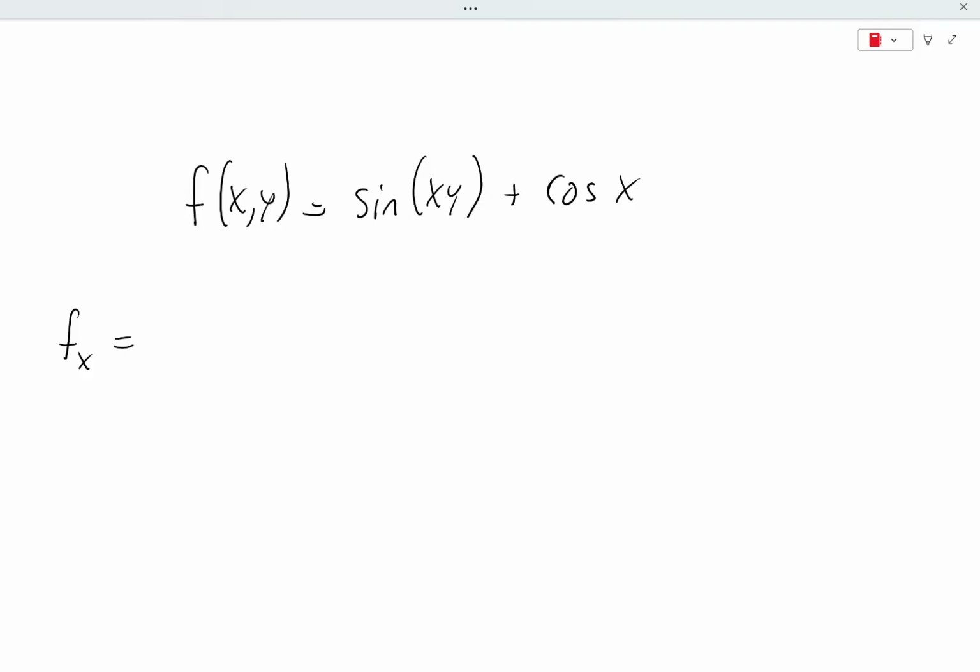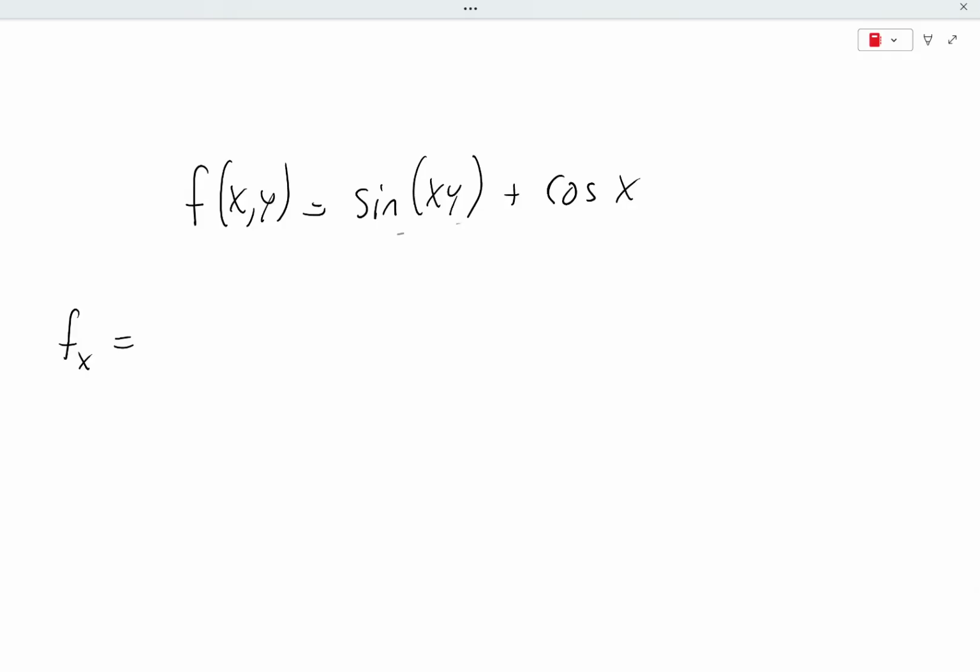So partial with respect to x. Remember, treat the y like a constant, right? And here you have to use the chain rule a little bit too.